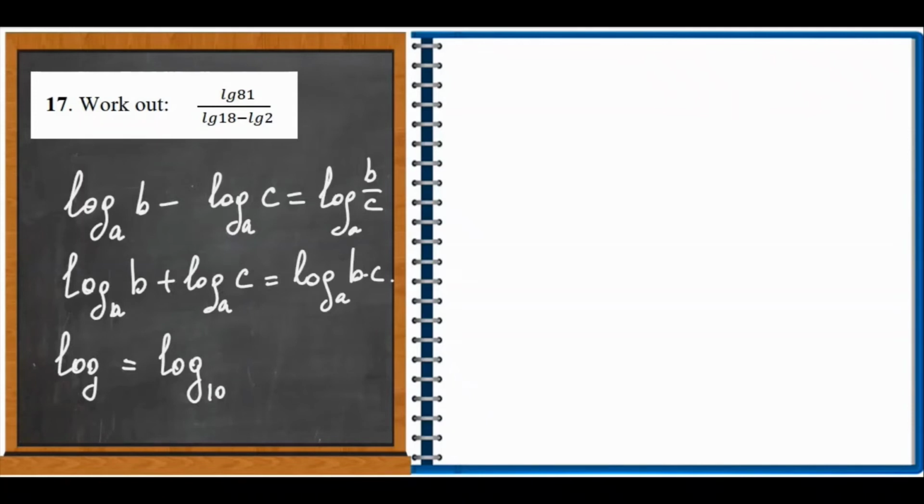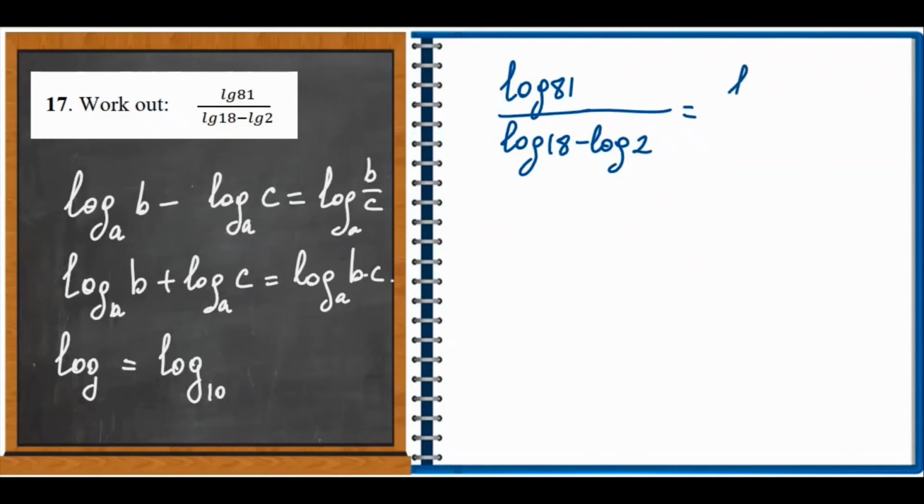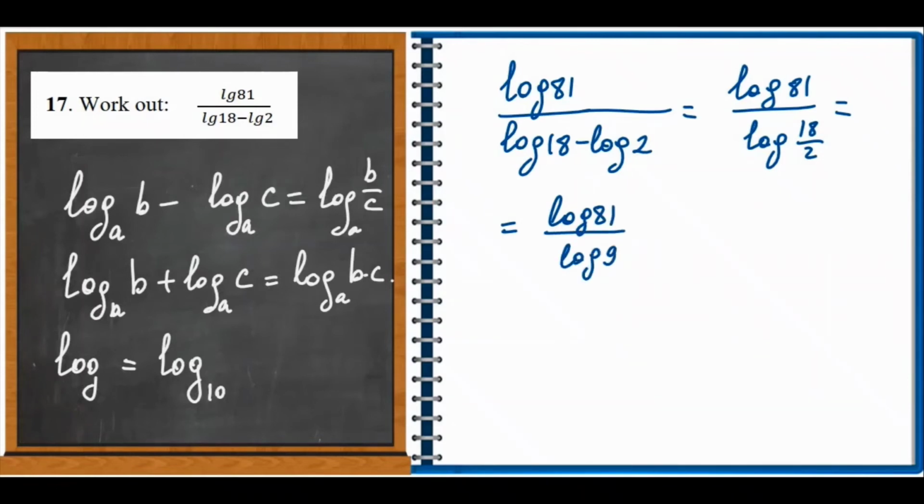Right, let's write our question. Log 81 over log 18 minus log 2. Now, this is log 81 over log 18 divided by 2. It's going to be log 81 over log 9. Now, we must remember the formula.